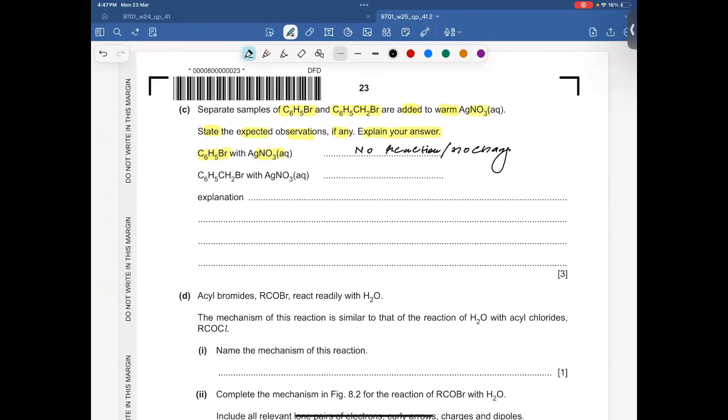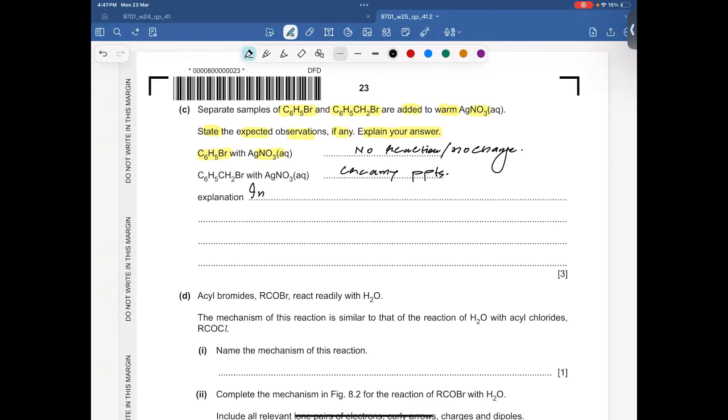Because aryl halides cannot react easily because of the strong carbon-halogen bond. On the other hand, this compound reacts with silver nitrate, and obviously you will get a cream precipitate of silver bromide.